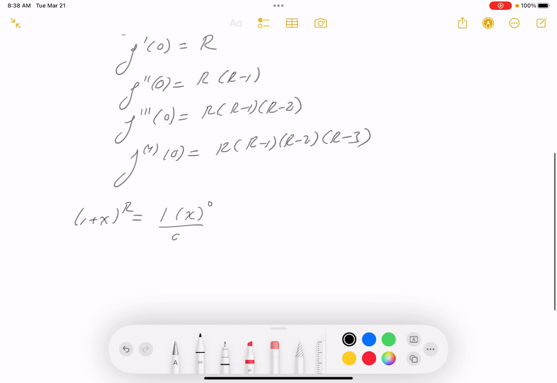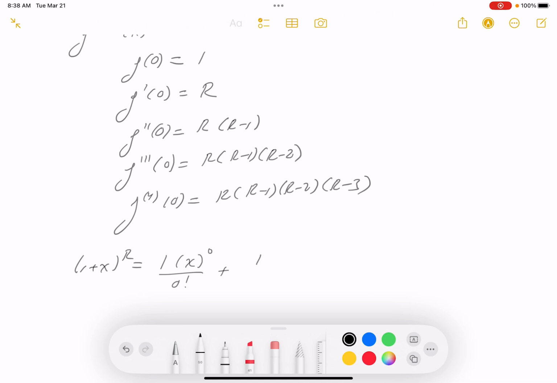I'll put 0 factorial over here, by the way, plus the next one's going to be r, x to the first power, and then you get 1 factorial over here, plus r times r minus 1, and that's going to be x to the second power over 2 factorial. It's got a very nice pattern to it, plus r, r minus 1, r minus 2, x cubed over 3 factorial, yada, yada, yada. All right, it goes on forever.